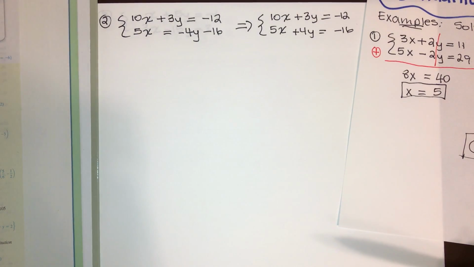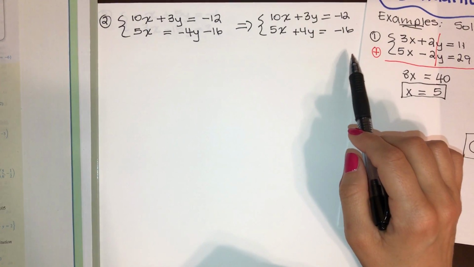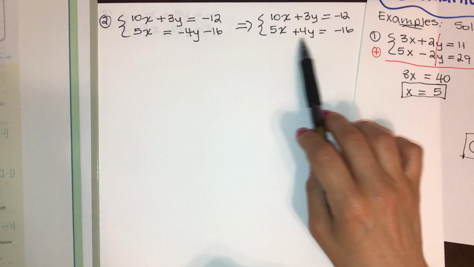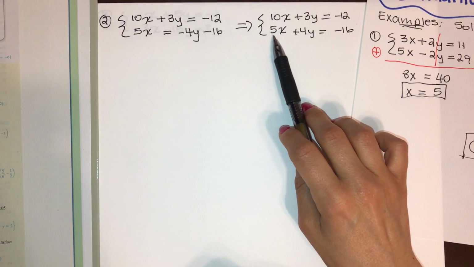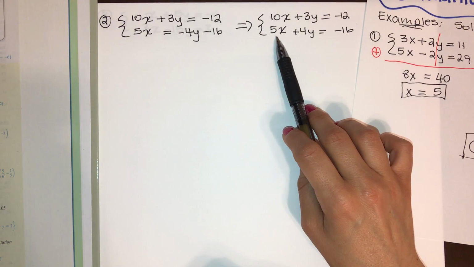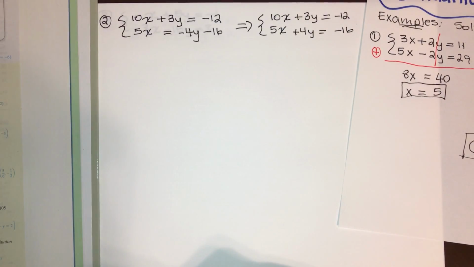So first we want to determine which variable we want to eliminate. We could eliminate x or we could eliminate y. So you want to ask yourself, is there anything I could multiply the second equation by to make the coefficient 5, we want that to be -10, because if this turns into -10, then I could eliminate x.